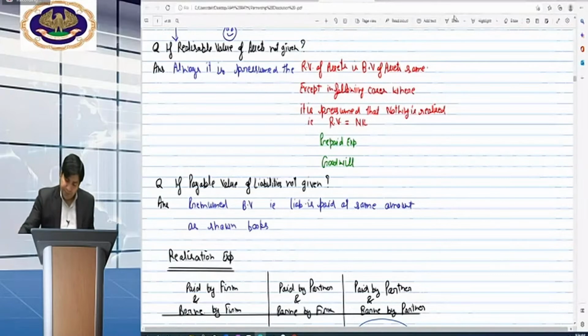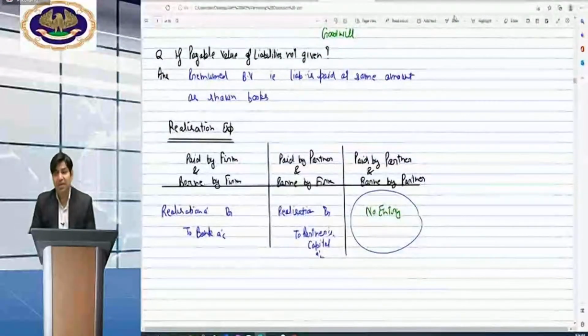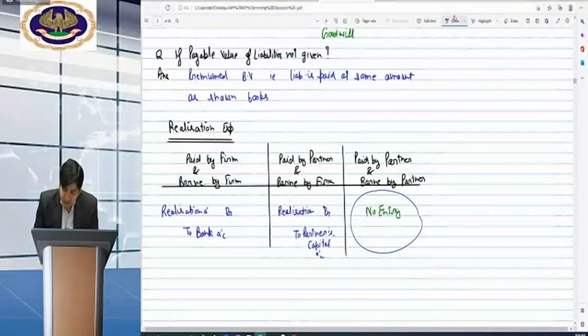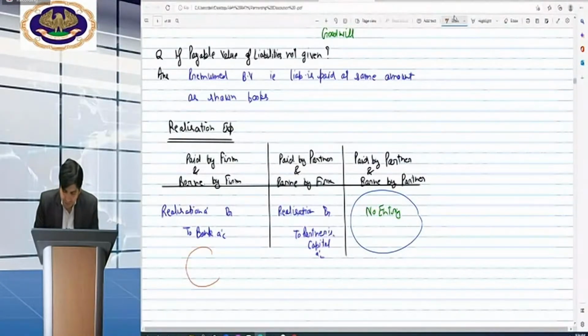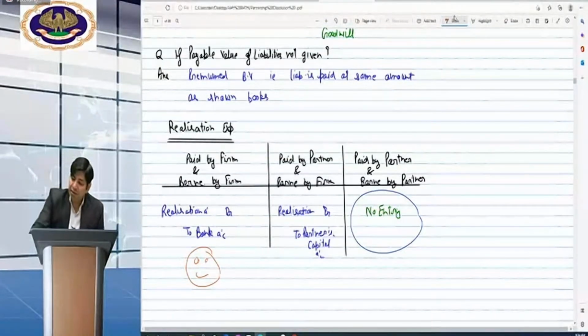Next one, realization expenses. If nothing is given, remember, we have to pre-assume that they are paid and borne by the firm. Okay, beta. In the exam, we have to pre-assume this if nothing is given.